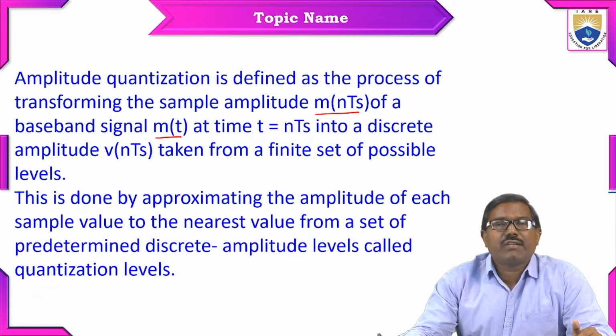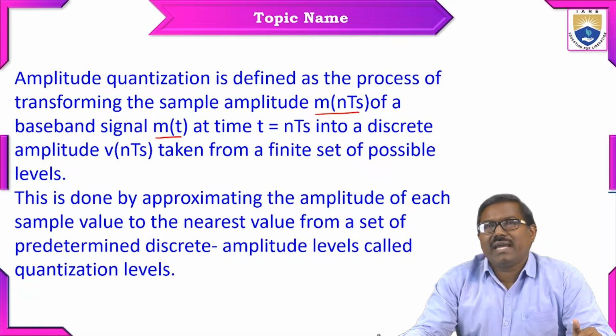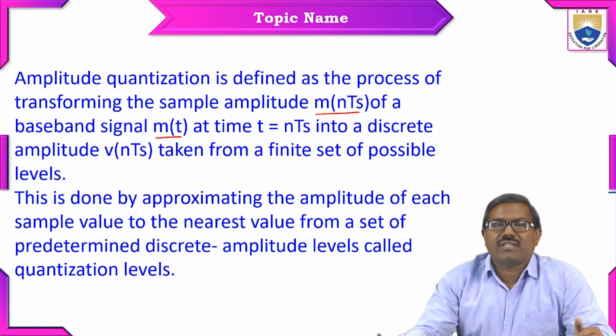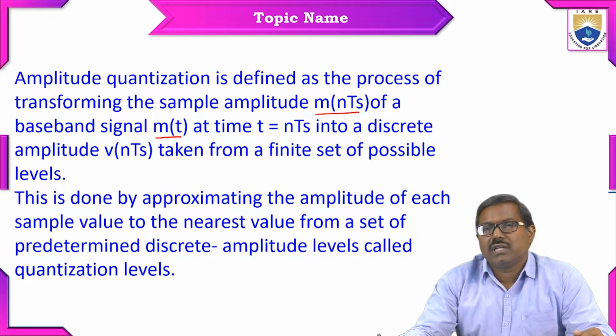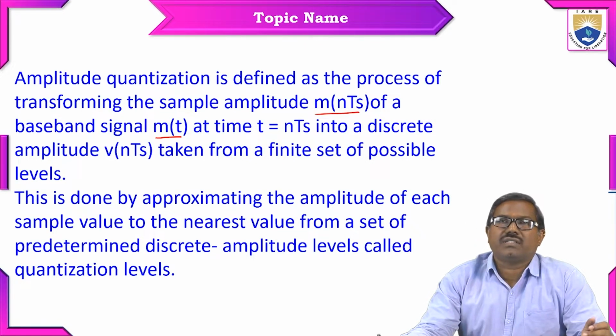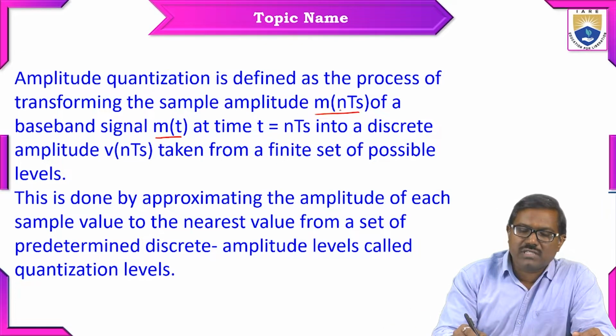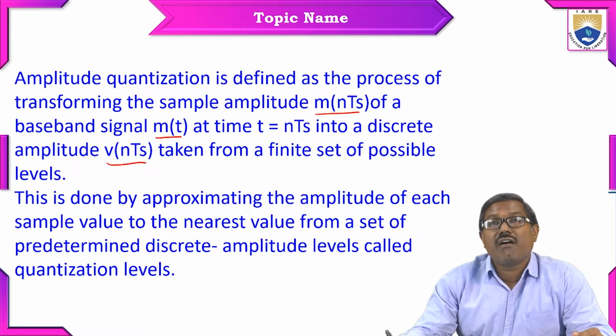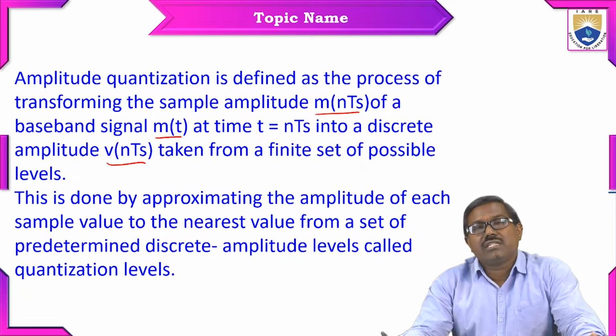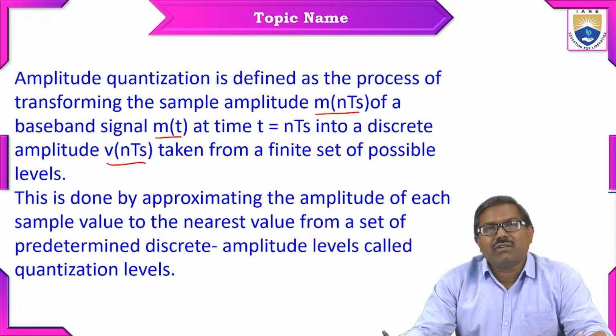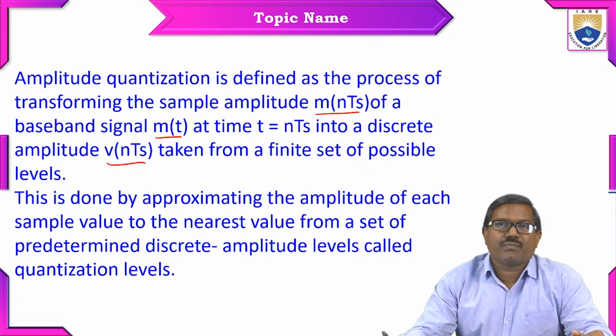At time t equal to nTs, n is the number of samples taken; it may be 5, 10, 100 or 1000. Here I convert this m of nTs into v of nTs, which is taken from a finite set of possible levels. How does the quantizer convert continuous amplitude into discrete?